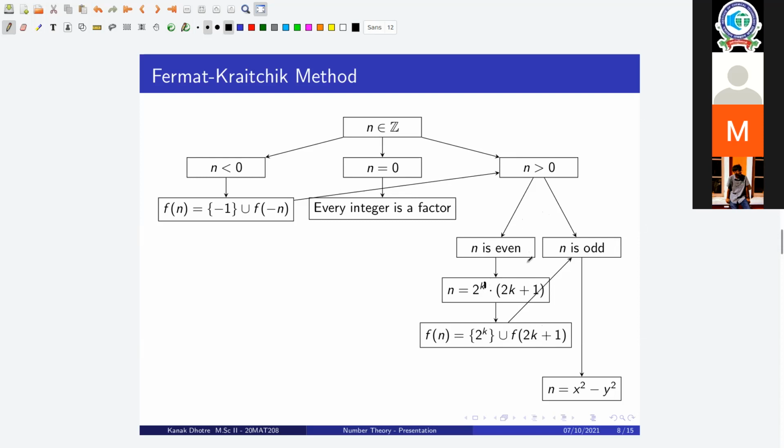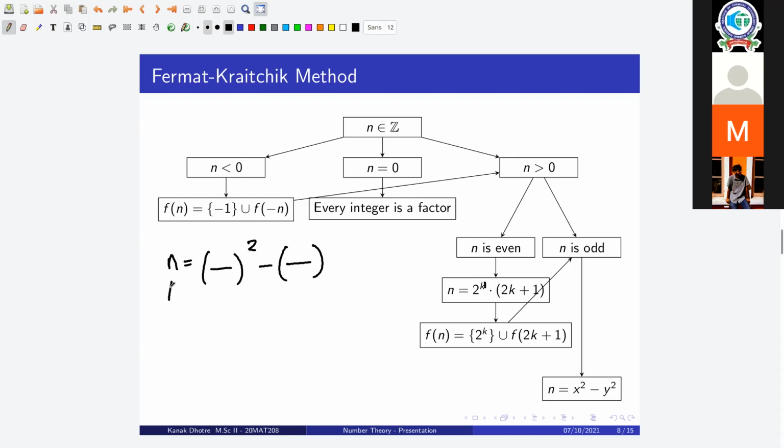Now, here is where Fermat says, I mean, his idea was that every odd integer can be expressed as a difference of 2 squares. Now, can anyone tell me why this is true for every odd integer? So if I have some odd integer, what are the 2 squares that I can fill here?